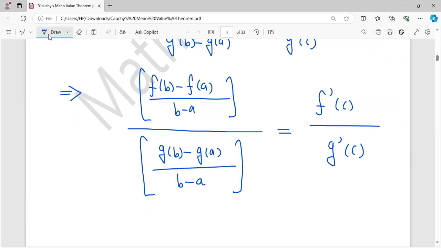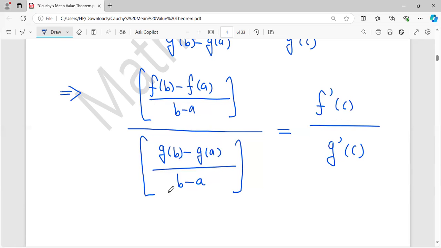So what is the meaning of this formula? Just try to understand. (f(b) minus f(a)) upon (b minus a) is nothing but the mean rate of increase in f.